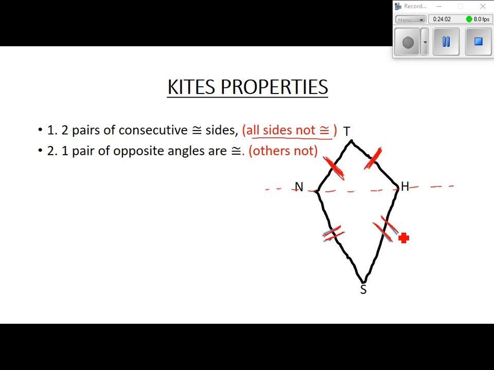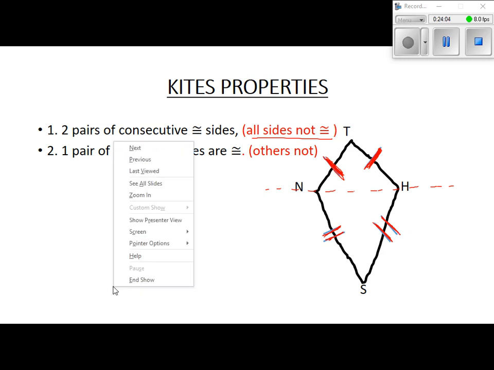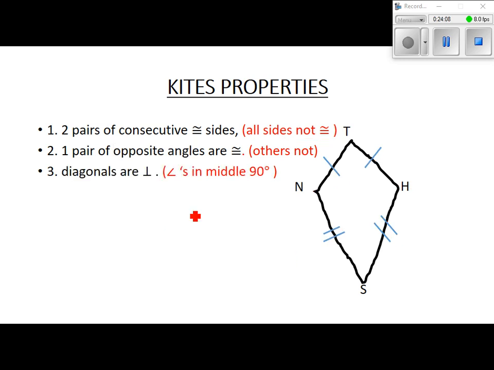One pair of opposite angles are congruent. Let me erase some of this. So if we look at this, one pair of opposite angles are congruent. Notice these two angles don't look like they're congruent. This angle has to be congruent to that angle. The diagonals, if I draw in the diagonals, they always form right angles.